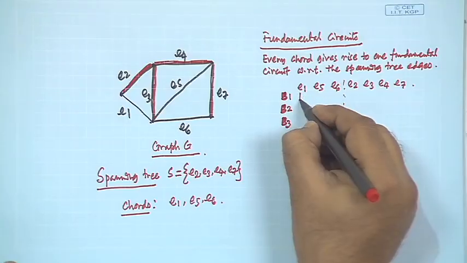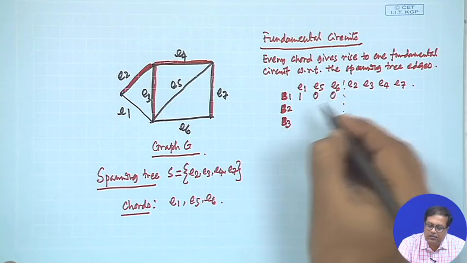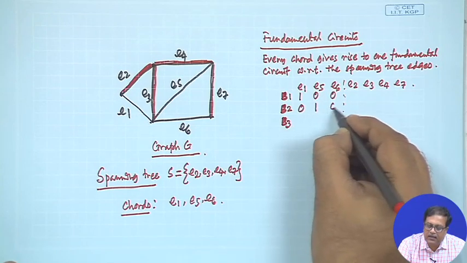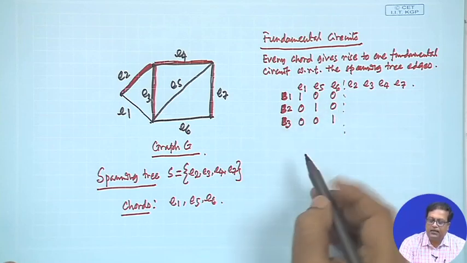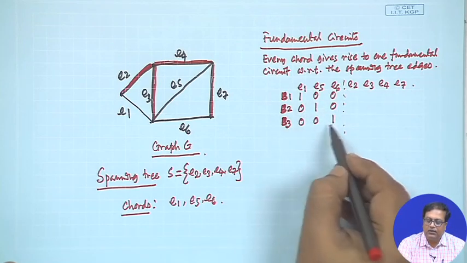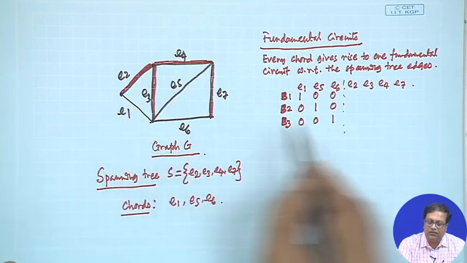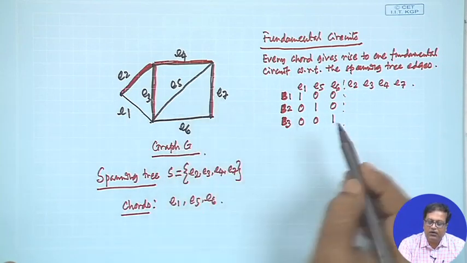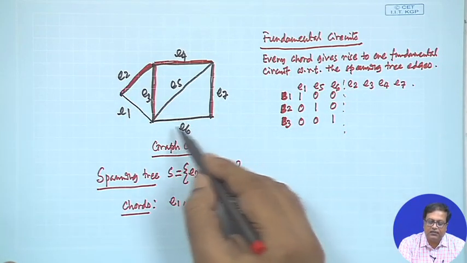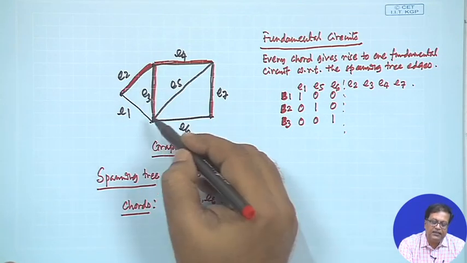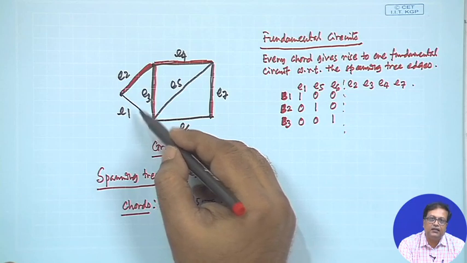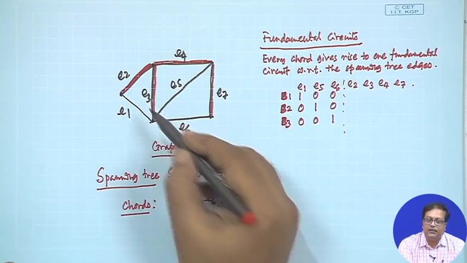Every chord will give rise to one fundamental circuit, so we make a simple thing, we just make a unity matrix here. If you make a unity matrix, then you get those 3, because E1 is the first one, E5 the second one, and E6 the third one. If I take E1, which spanning tree edges will make a fundamental circuit? E2 and E3.